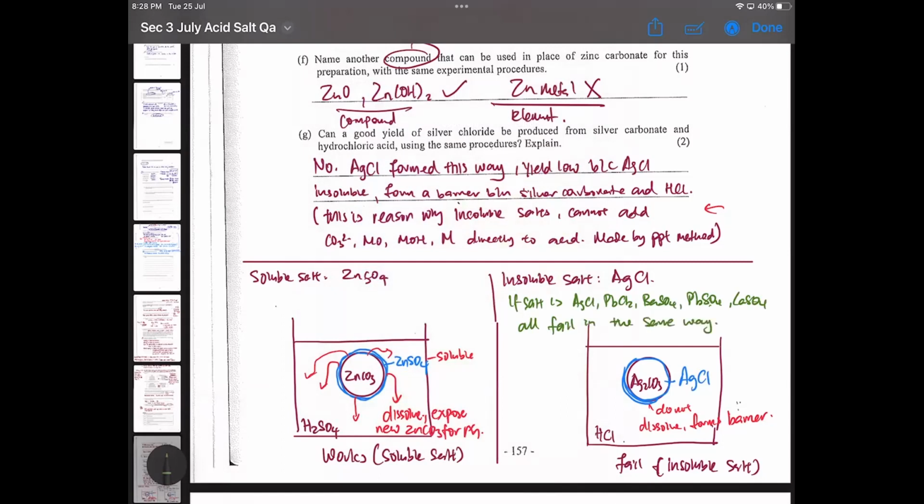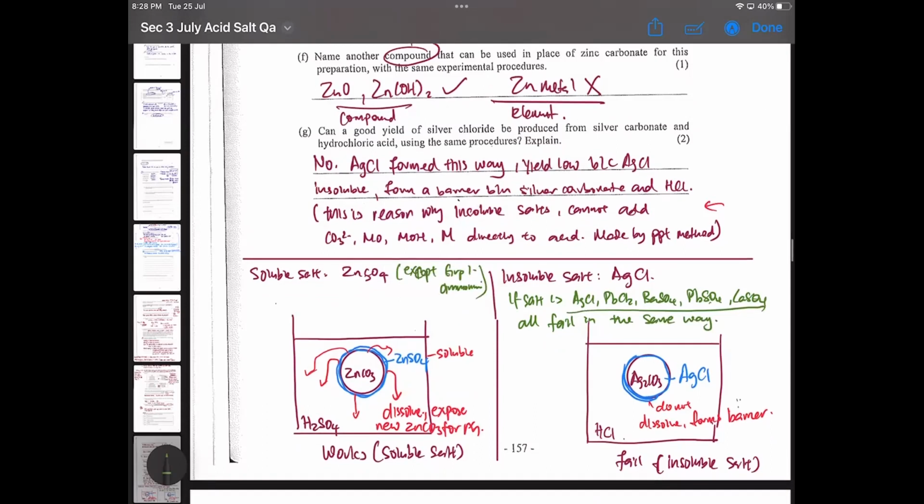And remember, this method is for soluble salts with the exception of group 1 and ammonium, because these two are made by titration, so they cannot be made this way. It's only for soluble salts except for group 1 or ammonium. On the right hand side, if any of these 5 appear and you throw in your carbonate straight away, you will screw up in the same way. Okay, so this is the whole picture. Questions, please mention.